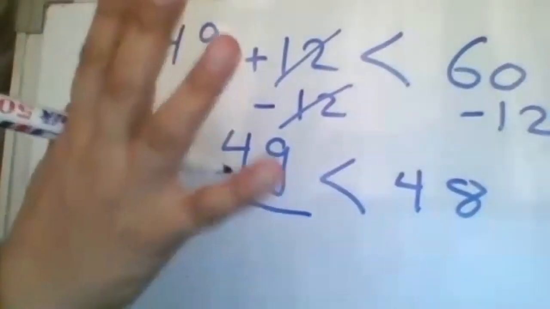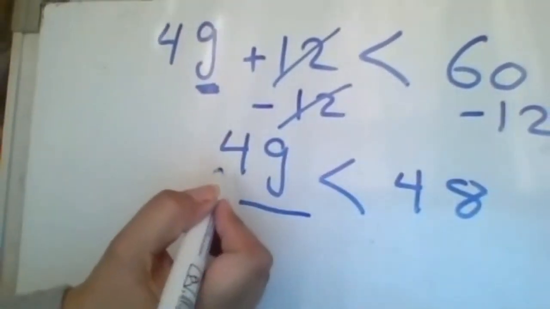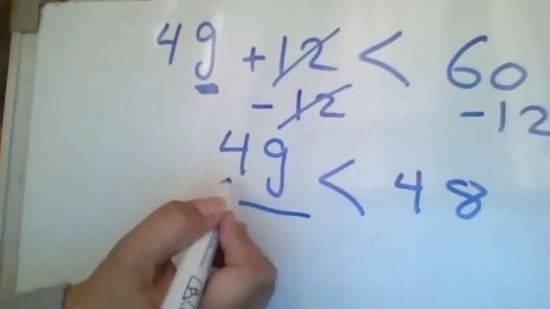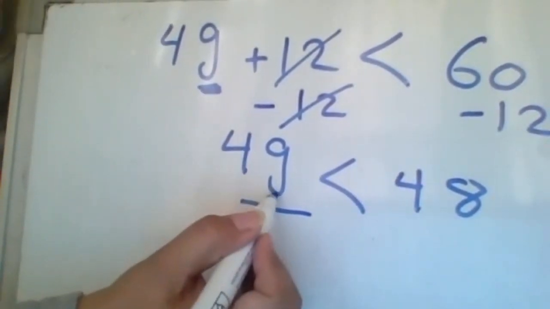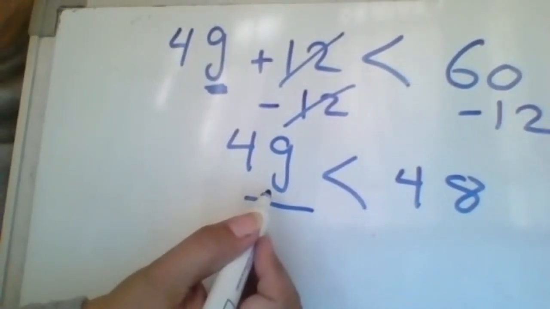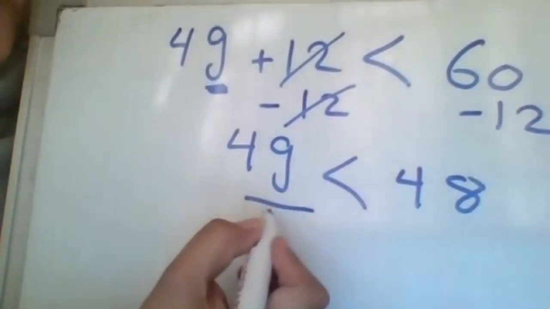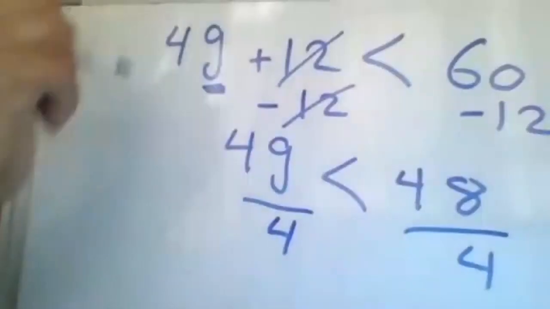This is 4g and we are looking for 1g. So we will divide by the number before the variable, which is 4. We will divide it by 4, and the other side we will also divide by 4.